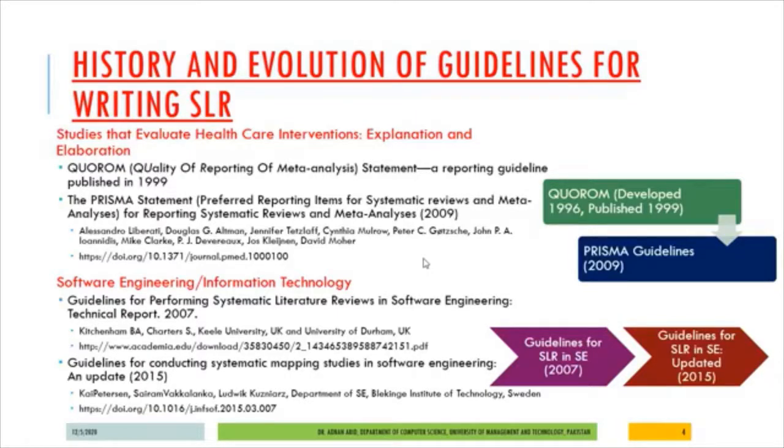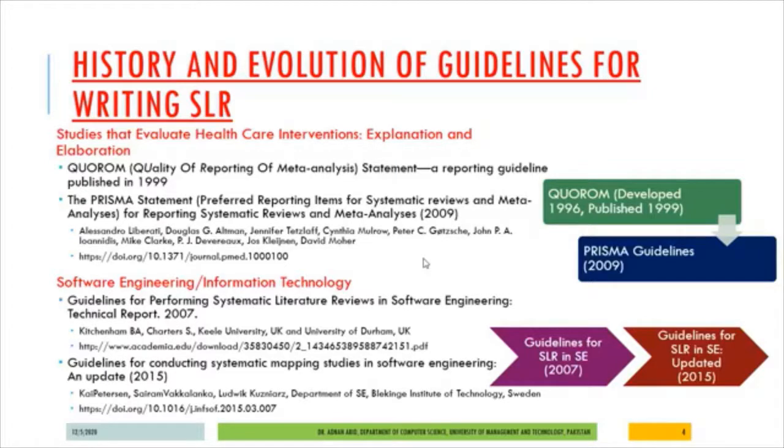These guidelines were then subsequently updated, and the updates were named the PRISMA statement, an acronym of Preferred Reporting Items for Systematic Reviews and Meta-Analysis. Obviously, in more or less 10 years, there was a need to revise the guidelines, so they were revised for the medical sciences domain.